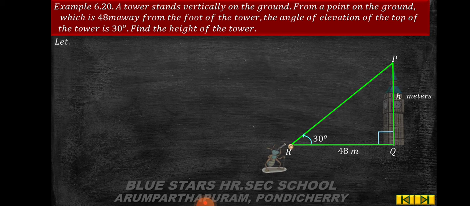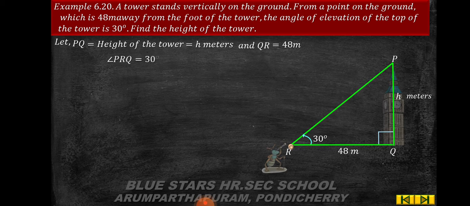We don't know the height, so let it be H. Let PQ, the height of the tower, be H meters, and QR is equal to 48 meter. Then angle PRQ is equal to 30 degree in triangle PQR.